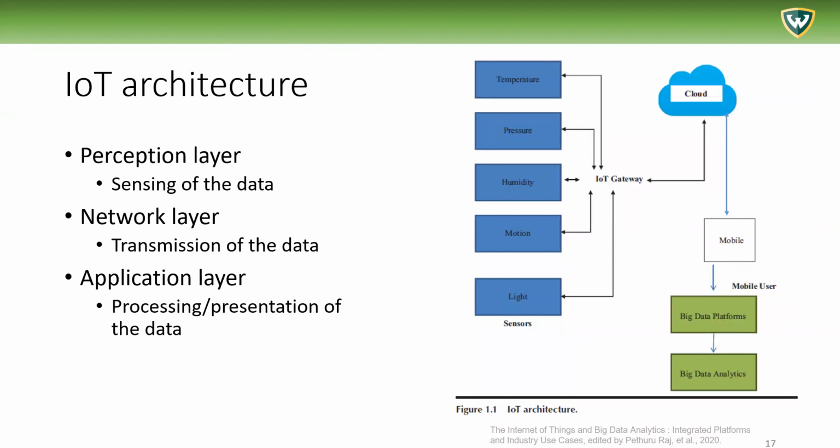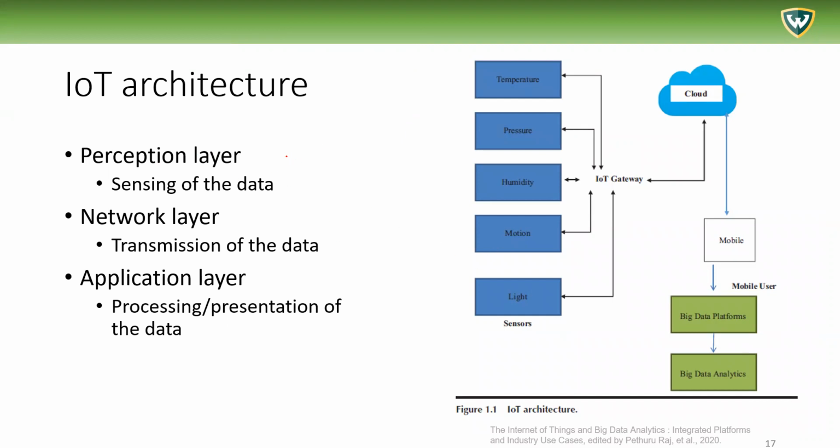Here I will continue exploring some characteristics of the Internet of Things and some challenges and technologies associated with it. Here's a generic framework of IoT architecture. We can conceive of the Internet of Things as referring to three types of layers.